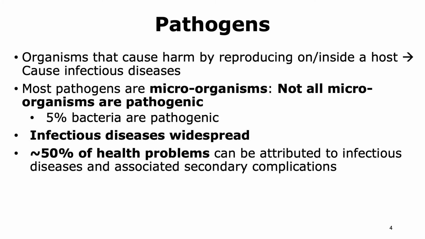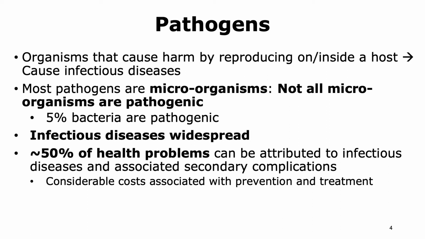Now, approximately 50% of health problems can be attributed to infectious diseases. Sometimes infectious diseases can result in secondary complications. And so we do have to spend a lot of resources in preventing and treating all these different health problems that are caused due to infectious diseases.